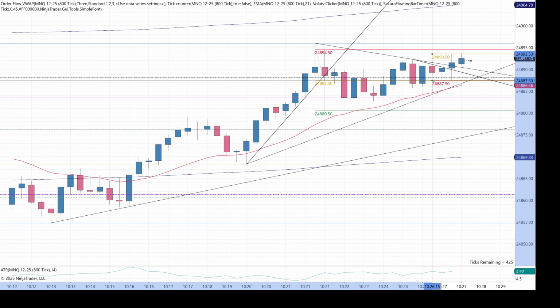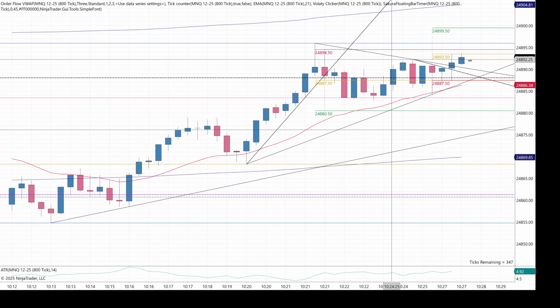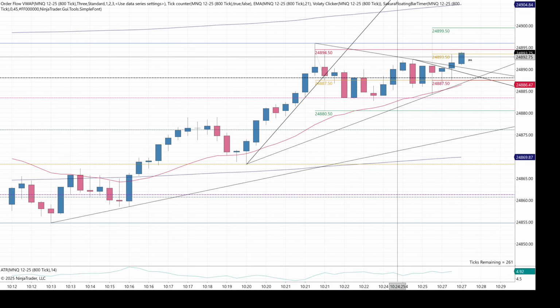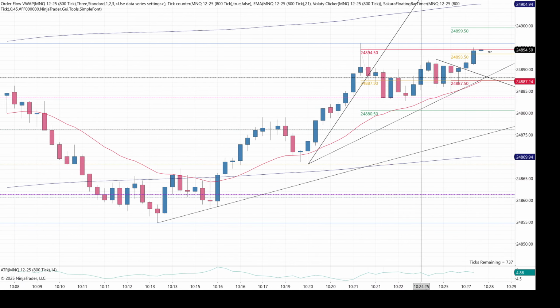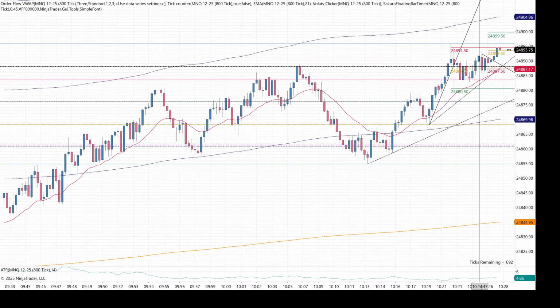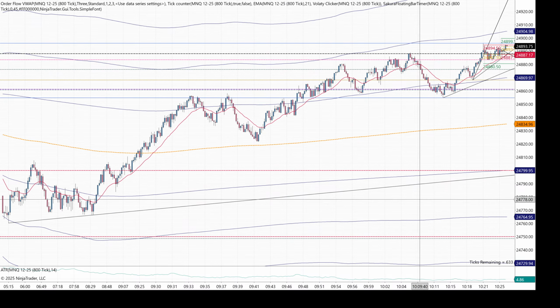This is another bullish signal. This would actually get us up to, which I don't have marked here, but 900.